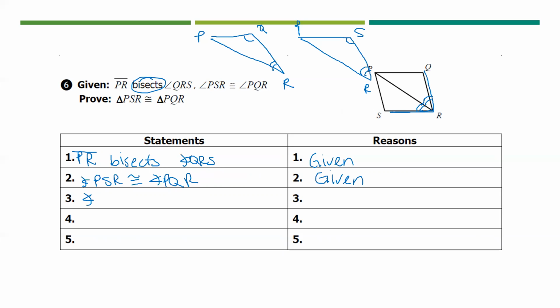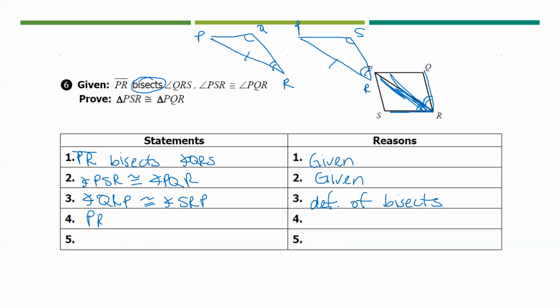So angle QRP is congruent to angle SRP, naming them with 3 letters since most of those letters appear in both triangles. That's the definition of an angle bisector. And we know that anytime we see it sharing a side, it's going to be congruent to itself.